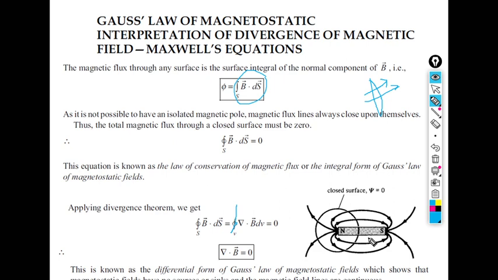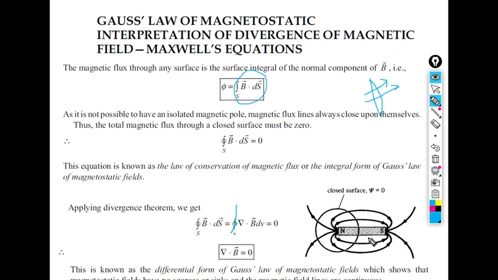So, in Maxwell's equation, what we have learned from the magnetic field, Gauss law of magnetic field, is first that flux is equal to the open surface integral of B dot ds. That means the magnetic flux density normal component over a surface.